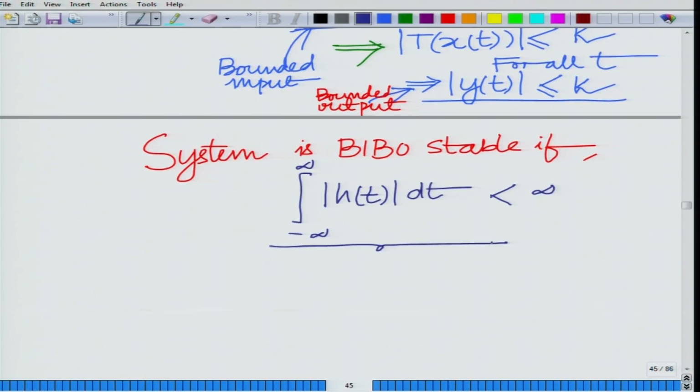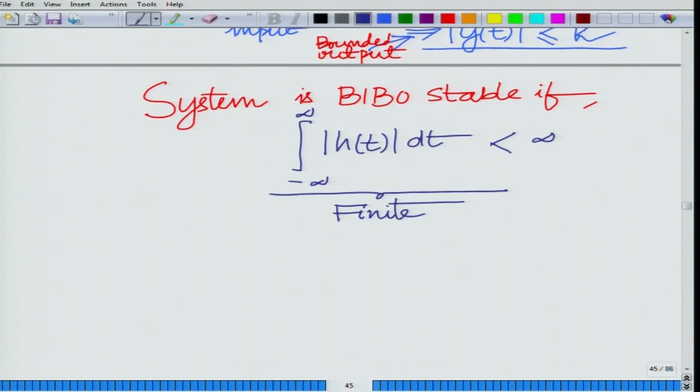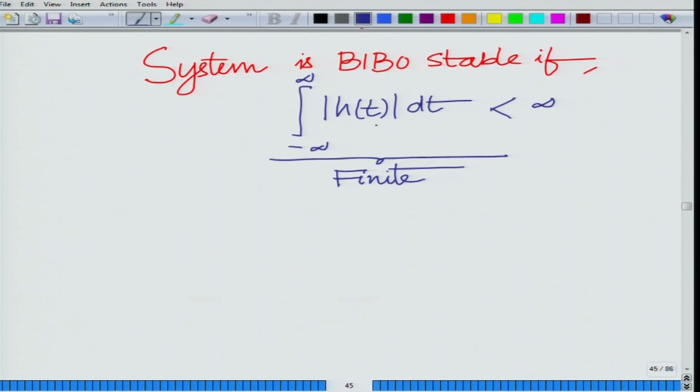That is to say, this quantity does not blow up, or rather it is finite.